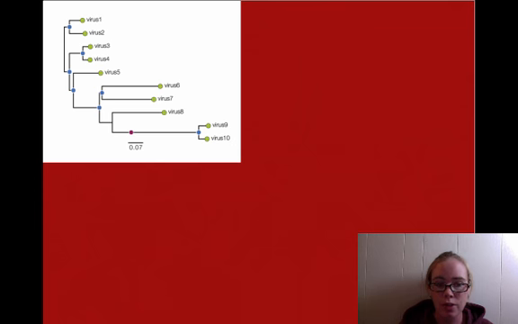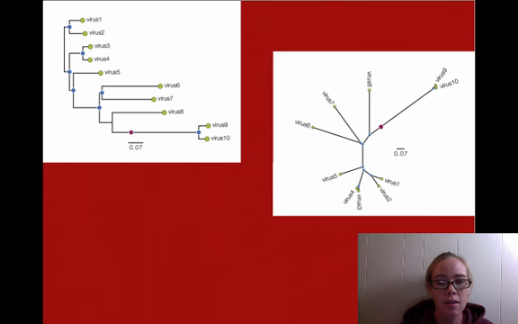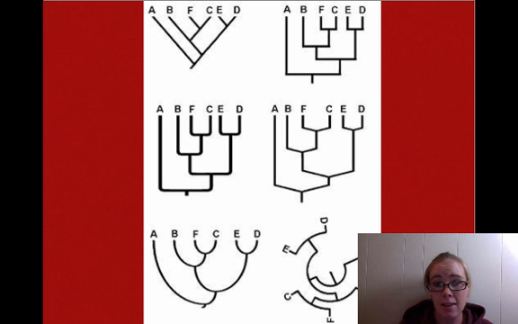Here's a phylogenetic tree. Do you think this one is showing the same information? How about that one? Well, the reality is that they are. Phylogenetic trees come in many shapes and sizes.